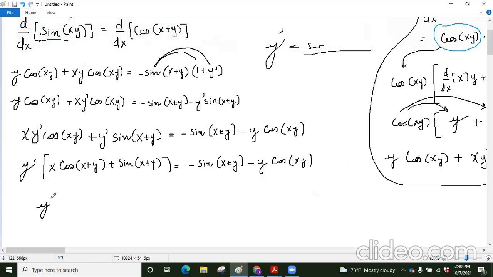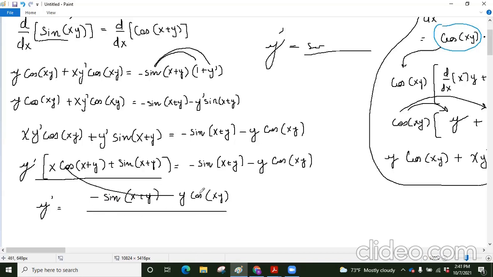And then what you'd want to do is divide both sides by this so that they cancel out. And then you'd have y prime equals negative sine of x plus y minus y cosine of xy over, you divided both sides by this, so you're going to have x cosine of xy plus sine of x plus y.